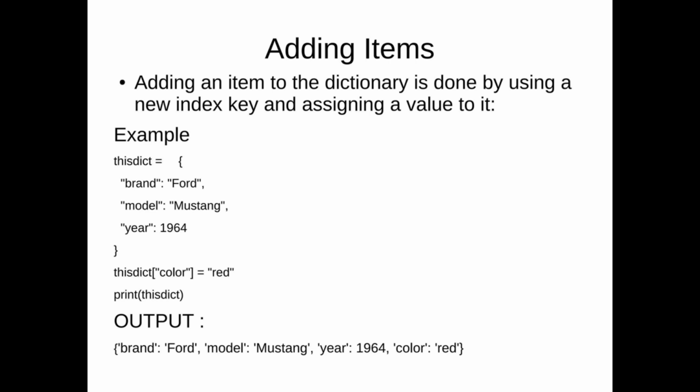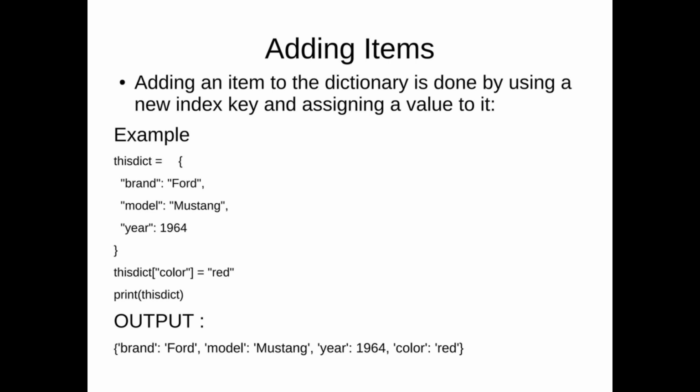Now I want to add the color by using this dictionary of color equal to red. So print this dictionary, and the existing data are brand as Ford, model as Mustang, year as 1964. Now I want to add one more item, color as red. It should be displayed in the output.